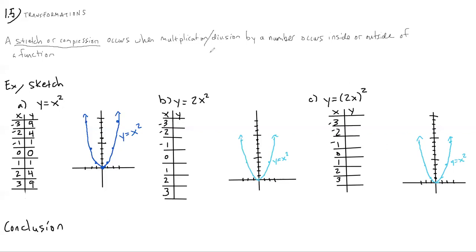So maybe I'll do the rough work. So that would be 2 times 9. This will be 2 times 4. Two times 1, 2 times 0.